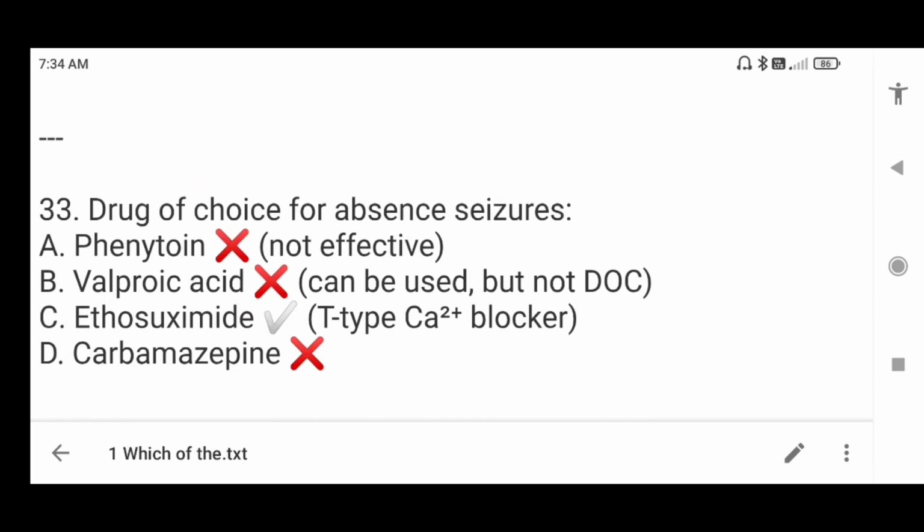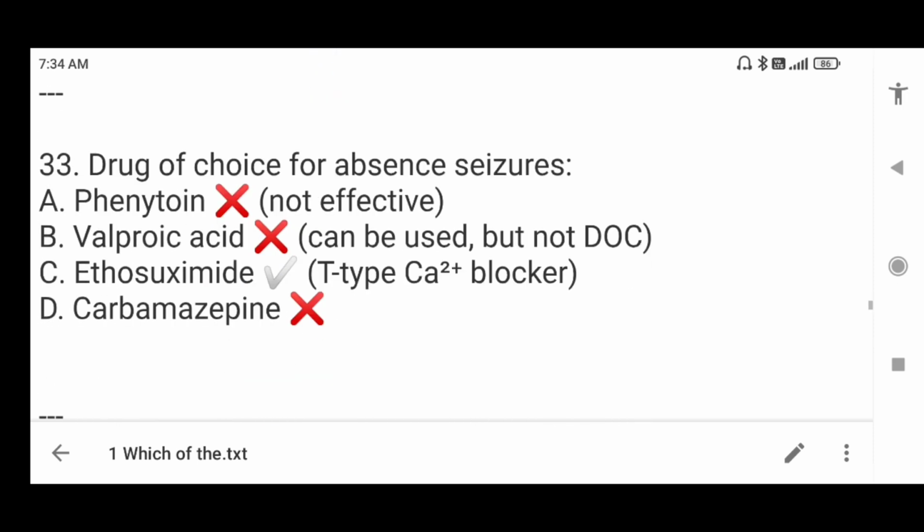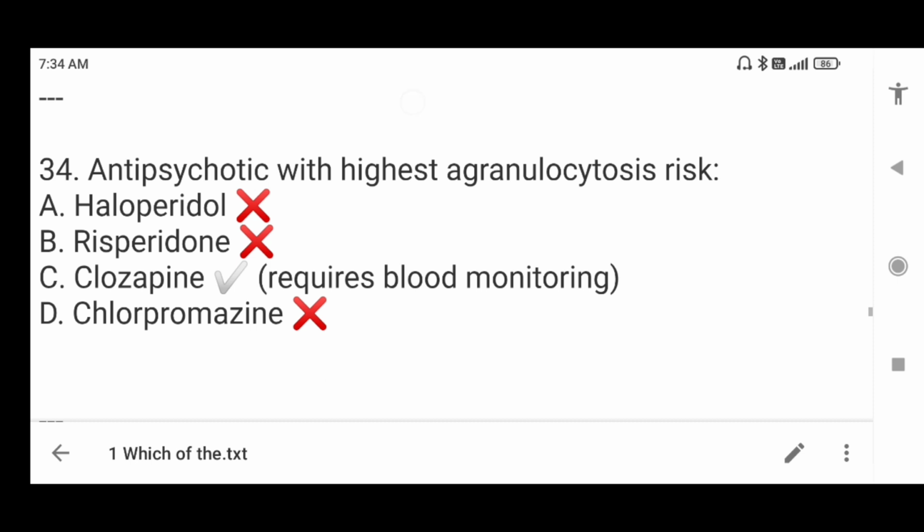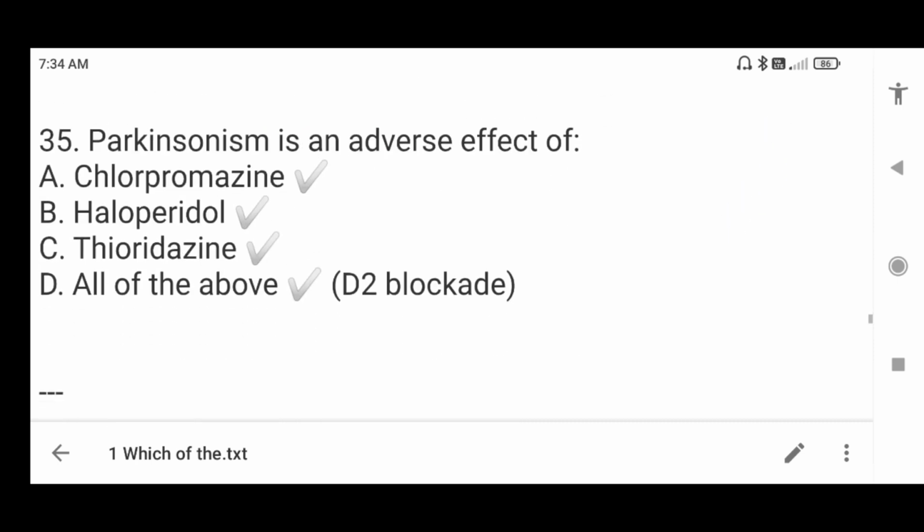Drug of choice for absence seizure is ethosuximide. Antipsychotic with highest agranulocytosis risk is clozapine. Parkinsonism is an adverse effect of chlorpromazine, haloperidol, thioridazine.